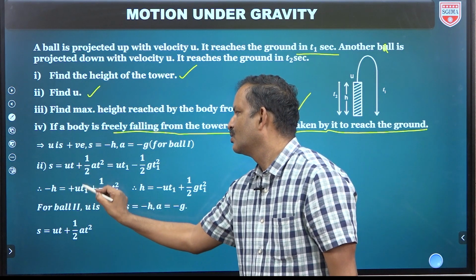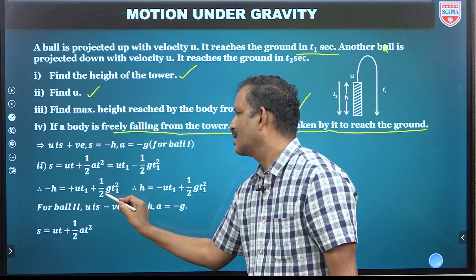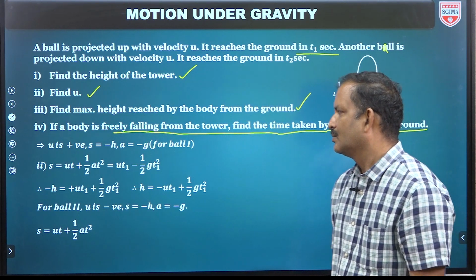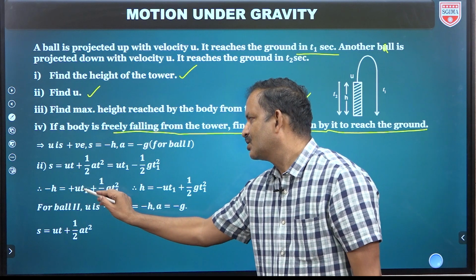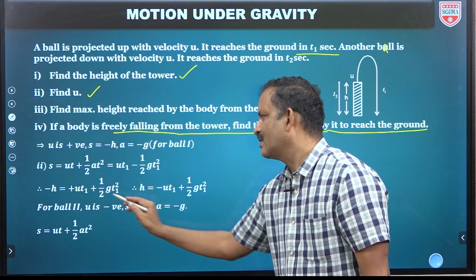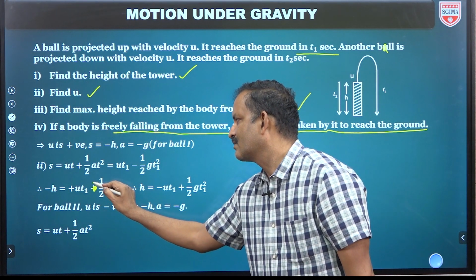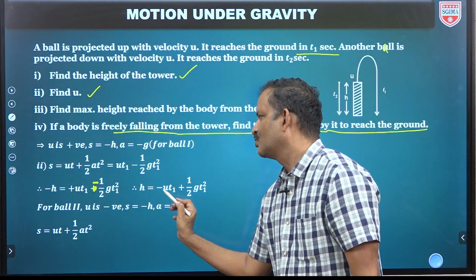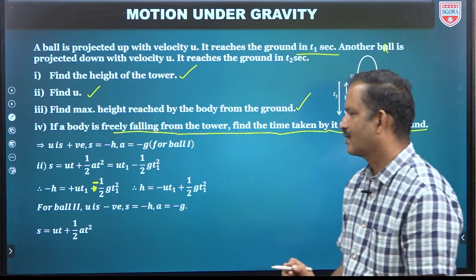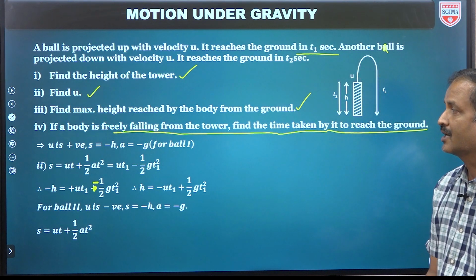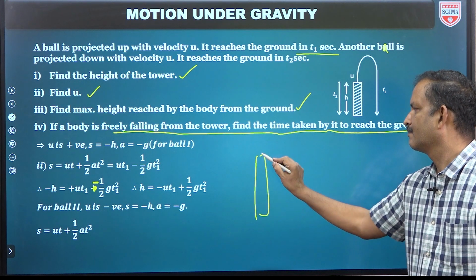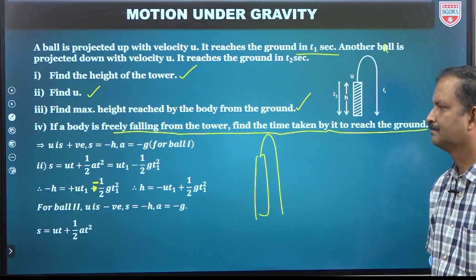So, minus h is equal to ut1 minus half g t1 square. So, h value is equal to minus ut1 plus half g t1 square. This is the projected up body. When body is projected up, it will go upward.